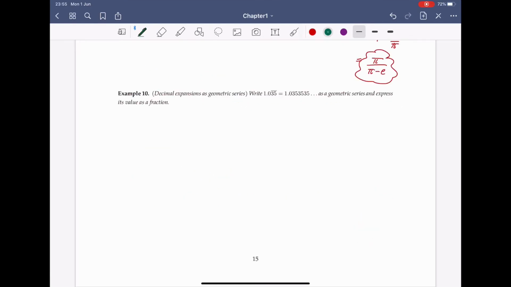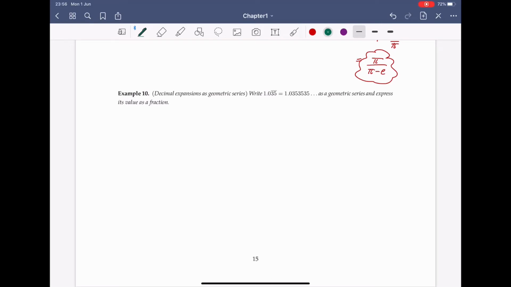Now let's look at example 10. This is the example that shows you how to convert a decimal to a fraction when you face a repeating decimal.